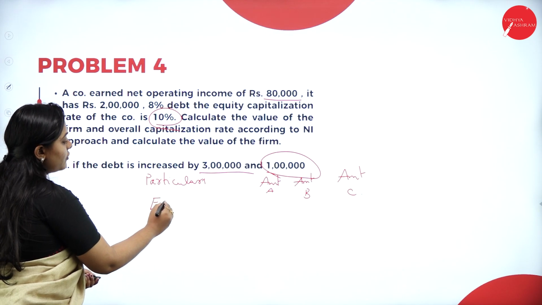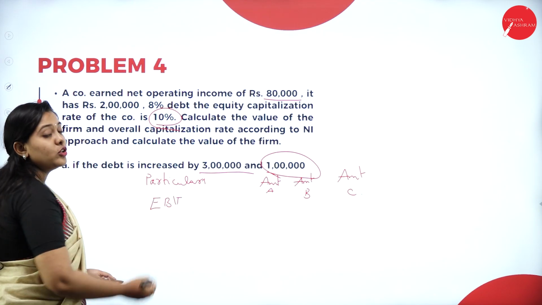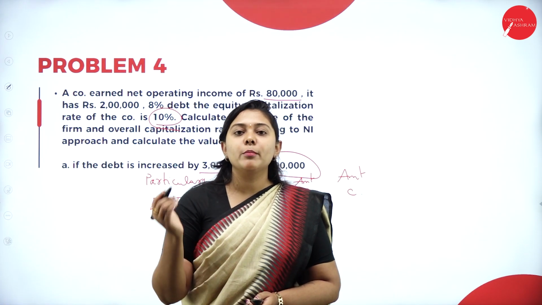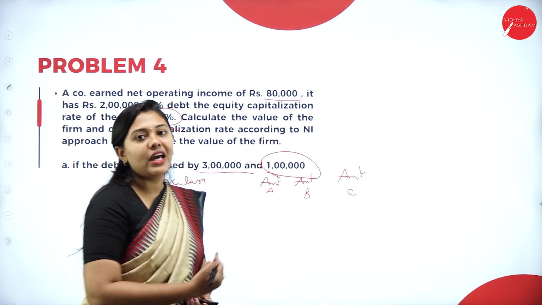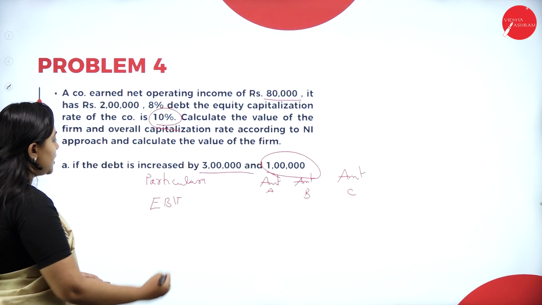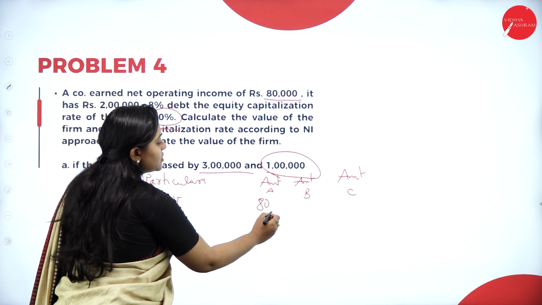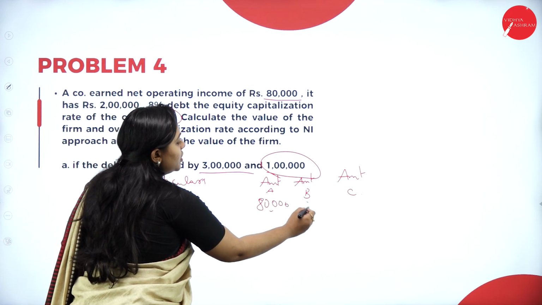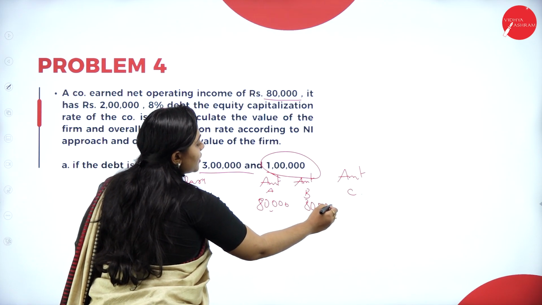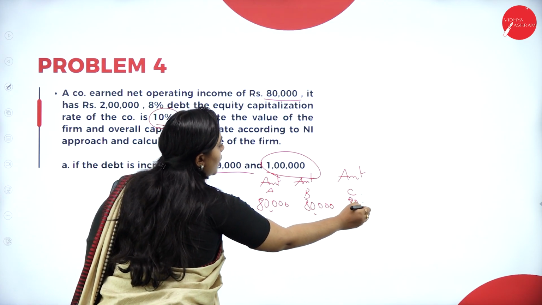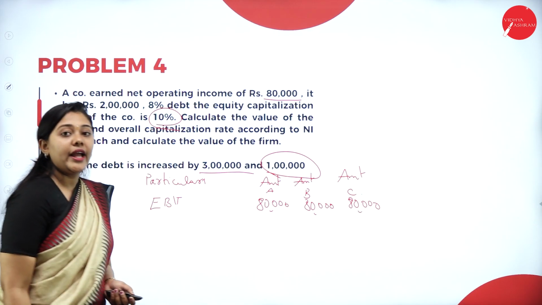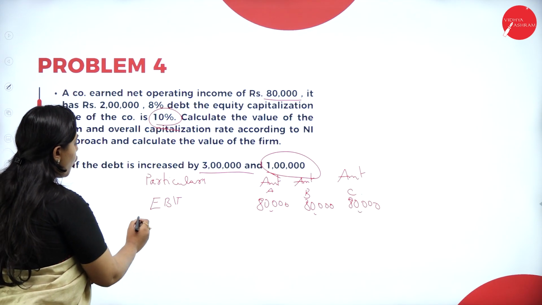According to our format, we have to calculate the value of the firm. So, in order to find the market value of equity, we have to calculate this EBIT. So, what will be the EBIT given in the question? 80,000 is the EBIT given for all the three cases. EBIT will be 80,000.